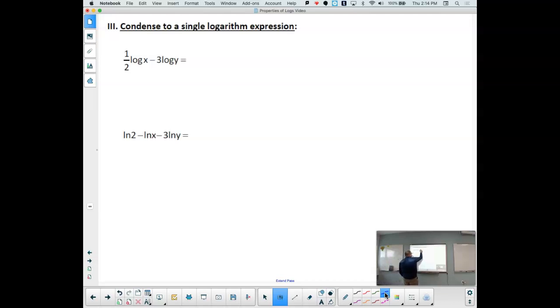Okay? So this would become log of x to the 1/2 power minus the log of y cubed. I take that number out in front and I put it back in to the exponent. Okay? 1/2 is like the square root.